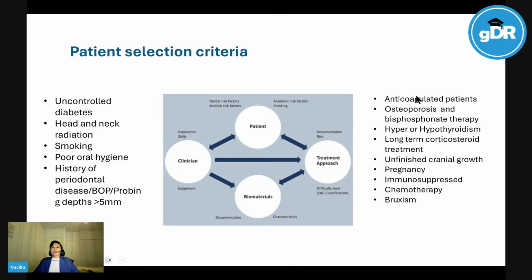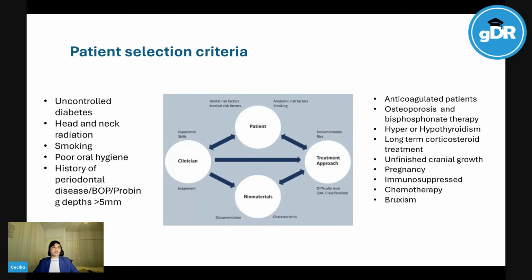What other patients, for me, I would suggest that you avoid for now. Say anticoagulated patients, warfarinized patients, you've got to be really careful about. Make sure you are comfortable with managing them. Osteoporosis and bisphosphonate therapy, as a rule of thumb, if they're on oral bisphosphonates, I'm comfortable. But if they're on IV bisphosphonates or they've had strong doses for cancer treatment or for multiple myeloma, then that is the kind of case that you would be better off referring.